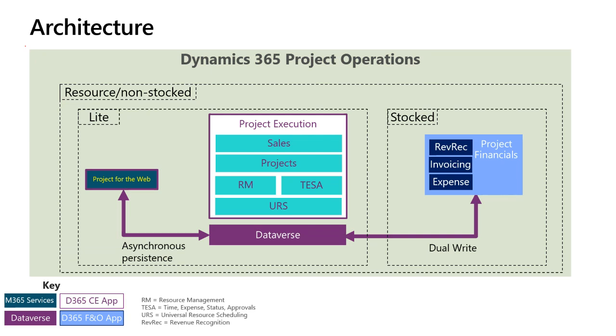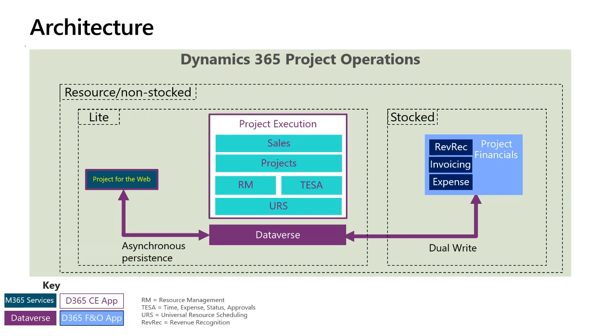For the features we are going to talk about today, it depends upon where that feature is being built. If a feature is being built on Dataverse, initially we might be adding it to the light deployment, but eventually our aim is to bring it to the resource non-stock deployment as well.